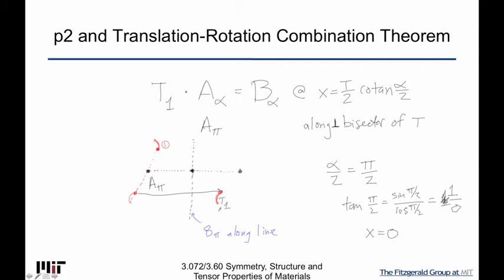Right, so B alpha is actually right there at x equals 0, where x, remember, was defined as a distance from this point along this perpendicular bisector, and x equals 0, therefore, is right on that line.